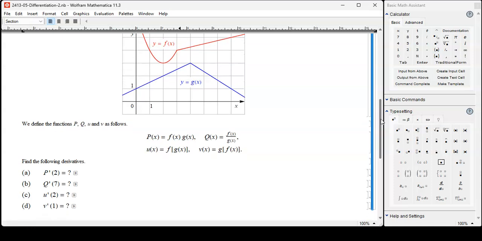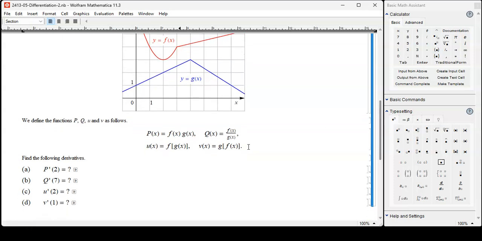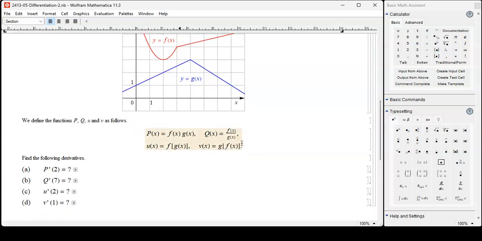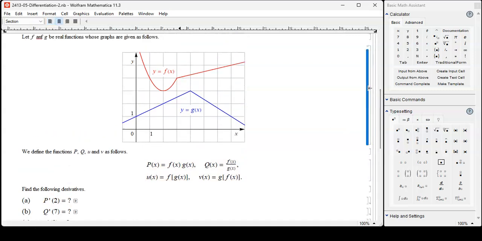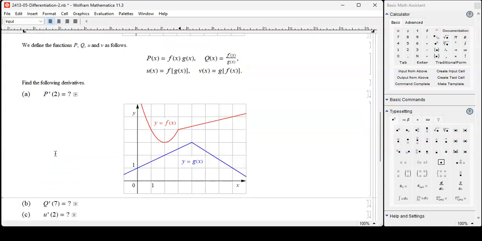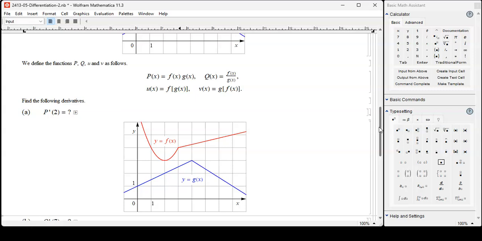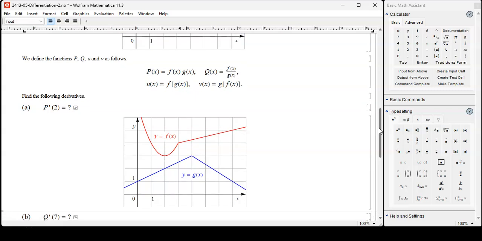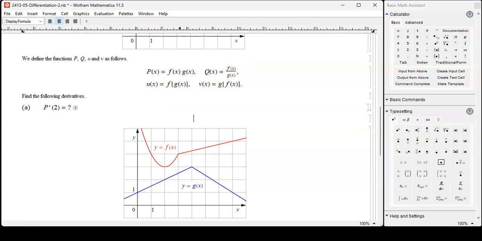Define the functions P, Q and U, V like this: product, quotient, and then composite functions U and V respectively. Alright, what's P prime? Let's copy and paste this picture so that I don't have to move too much away from this. P prime of 2. Well, P is f times g, so we can use the product rule.